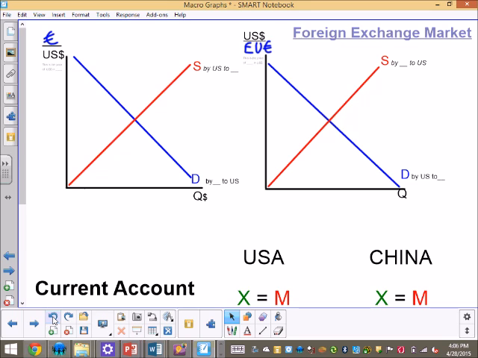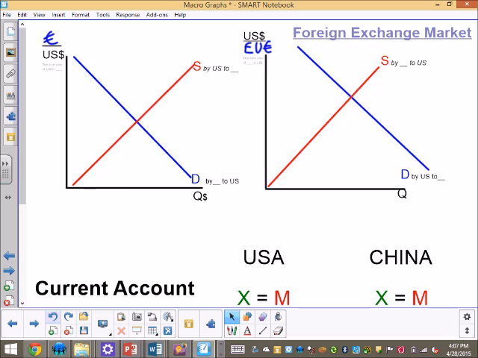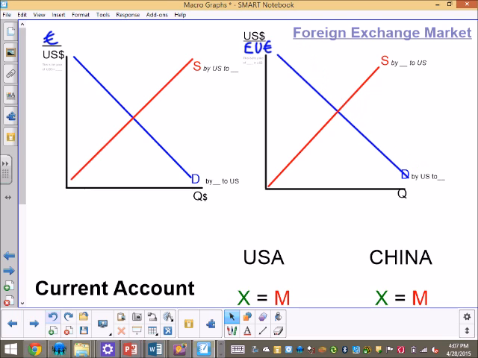Because what would you do with your money? You could put it in the US and get 5%, or you could turn it into euros and get 7%. What would you do with your dollar? Turn it into euros. It would shift demand, and in turn, the US would supply more dollars to Europe. Or maybe that's not how I want to see it. It could go a slightly different way.